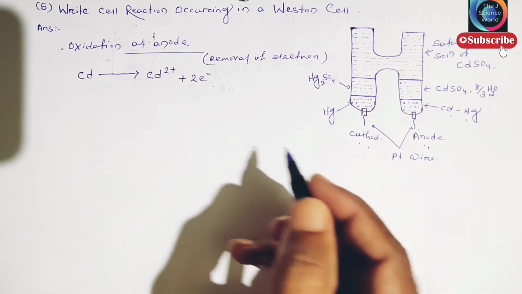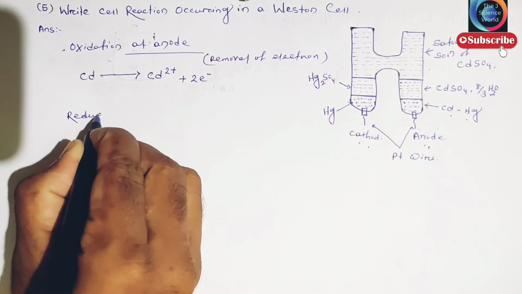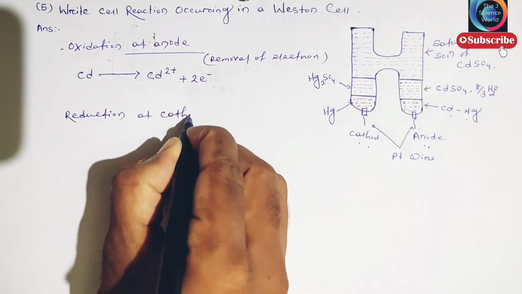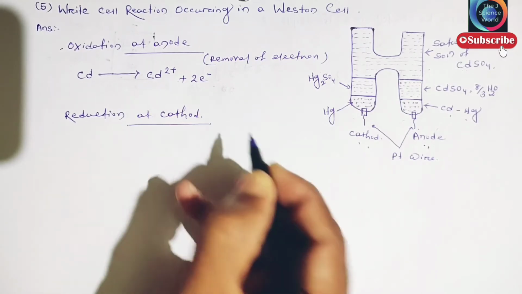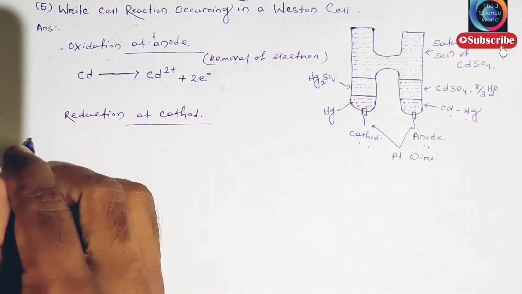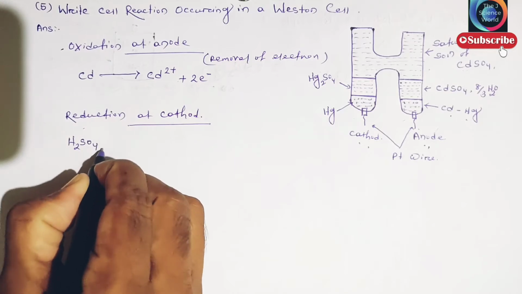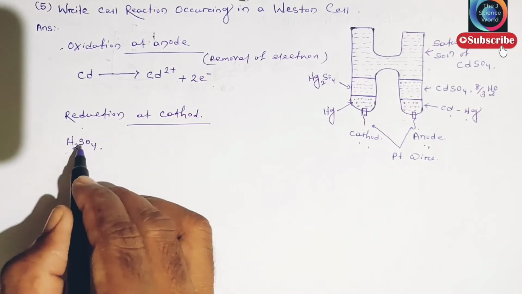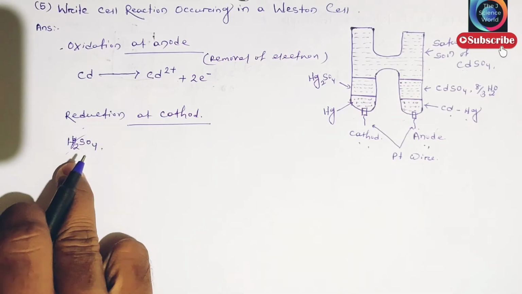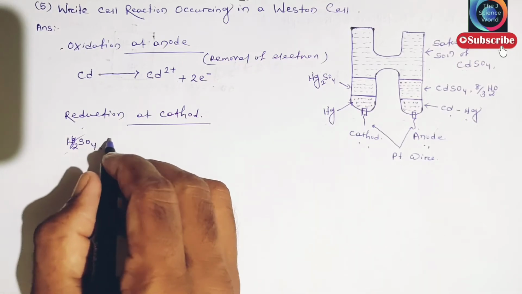So let's draw the reactions. But in the case of the cathode, we will consider Hg2SO4, mercurous sulfate, instead of mercury.